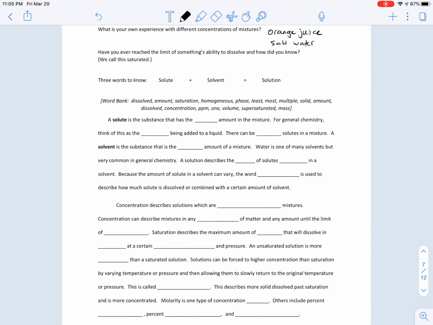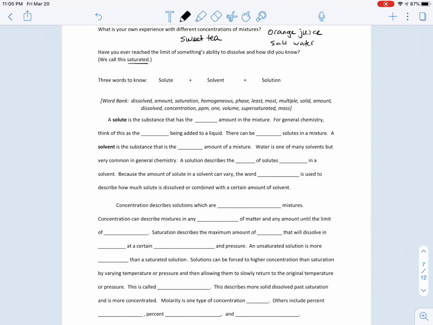There are different versions of salt water; some bodies of water are more salty than others. And one of my favorite ones to talk about is sweet tea. We'll talk about how different people make it. I know you're probably thinking there's only one way, right? Everyone has their own way.